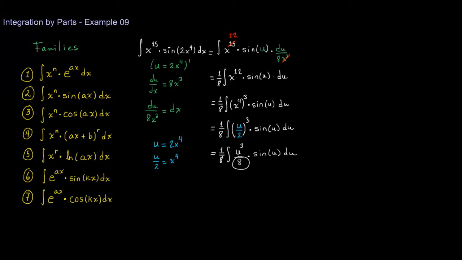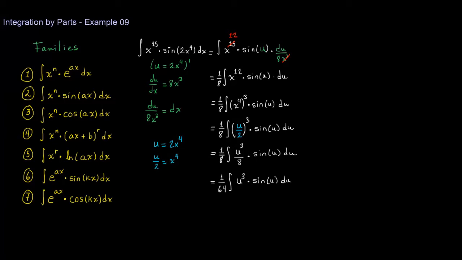Now this 8, which is dividing the u to the 3rd, I'm going to put outside of the expression. It's going to multiply this other 8, so it's going to be 1 over 64 times the integral of u to the third times sine of u du.